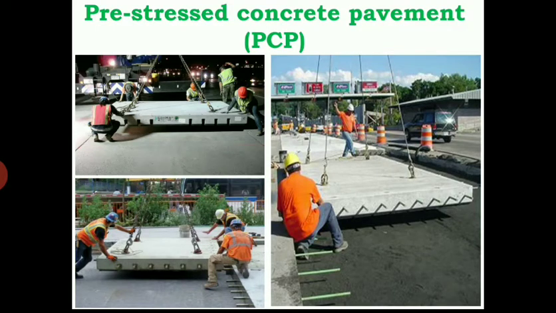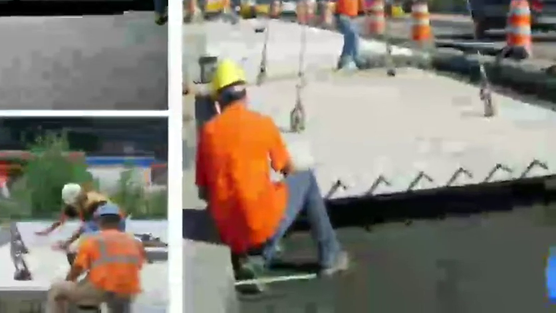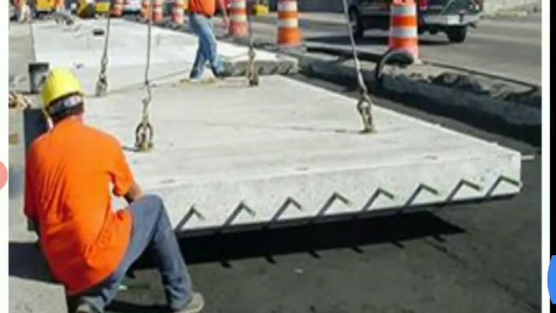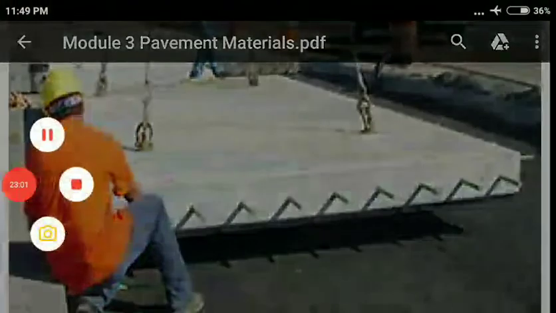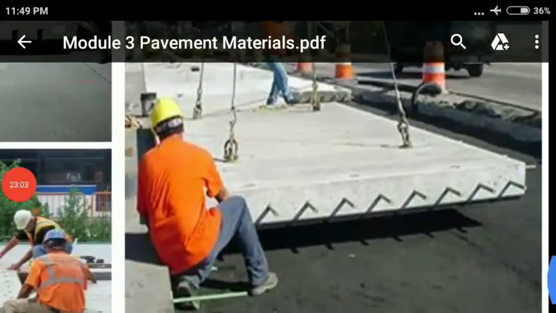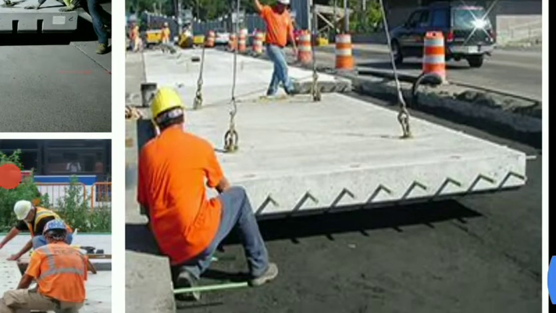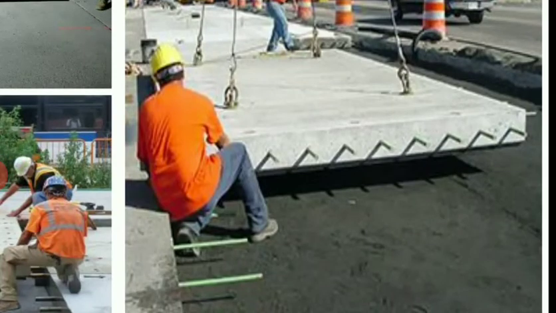So whatever bars you can see here, all these reinforcements have been provided at the manufacturing site itself, right? And after that they pour the concrete, cure it for the specified days, and then place it at the required location.